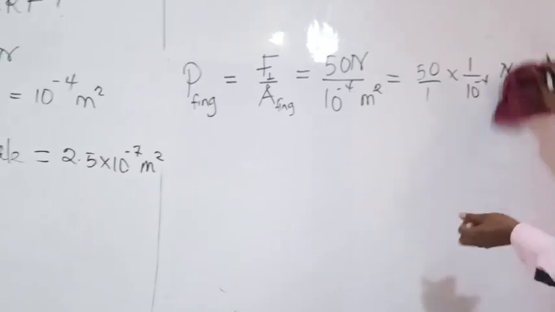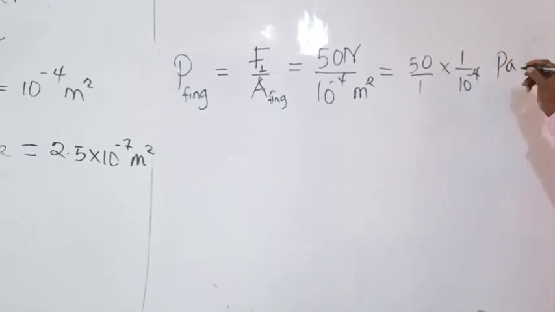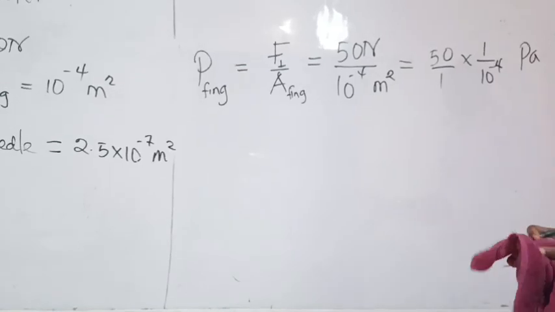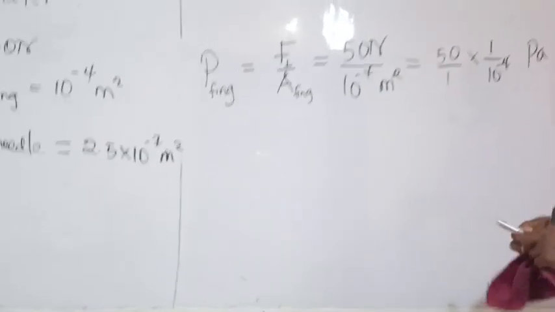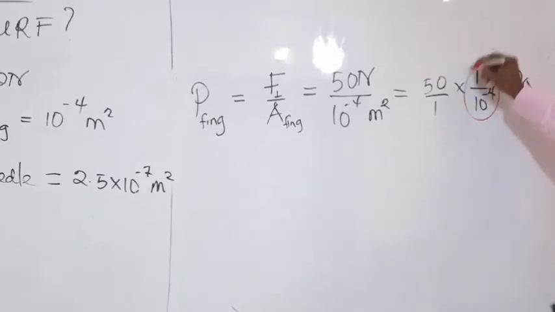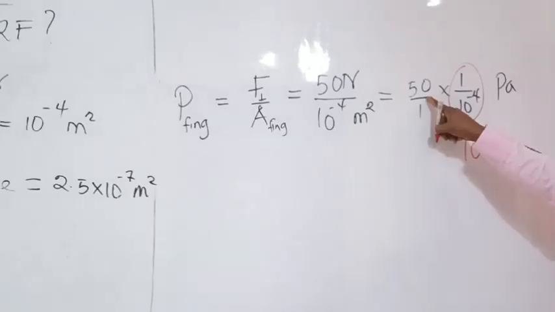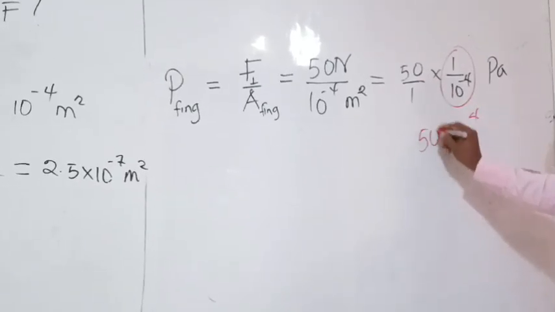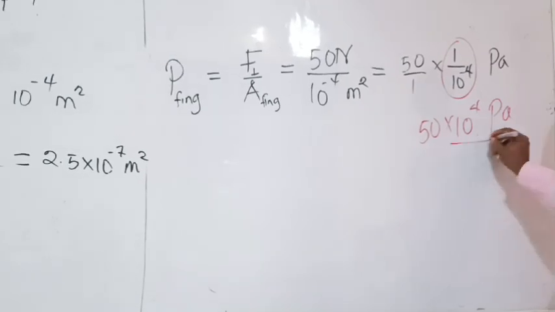But let me just call this, for my convenience, Pascal. So clearly, this term you see here, 1 over 10 raised to power minus 4 would boil down to be 10 raised to power 4. So I'm left with a 15 over 1 here. So this becomes 15 times 10 to power 4 Pascal.